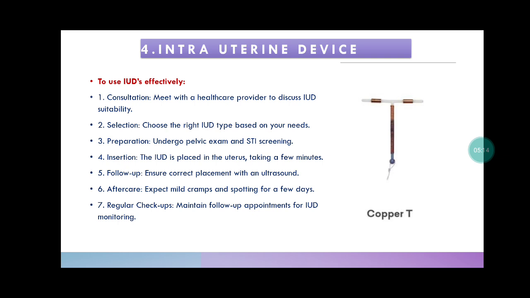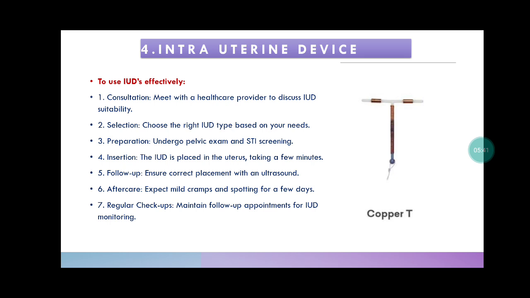And now, intrauterine devices. To use IUDs effectively, first you have to go for consultation. Meet with a healthcare provider to discuss the IUD's suitability. Selection. Choose the right IUD type based on your need. Preparation. Undergo pelvic examination and STI screening.